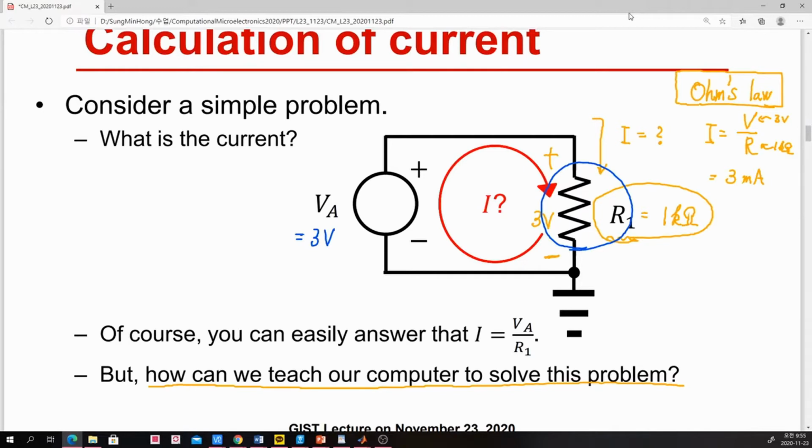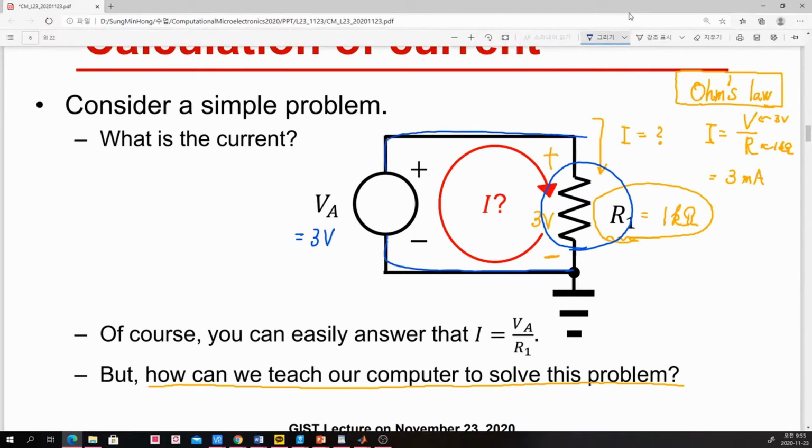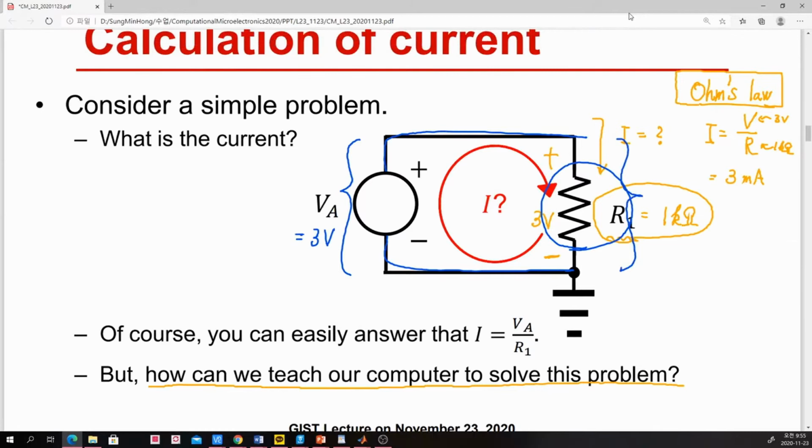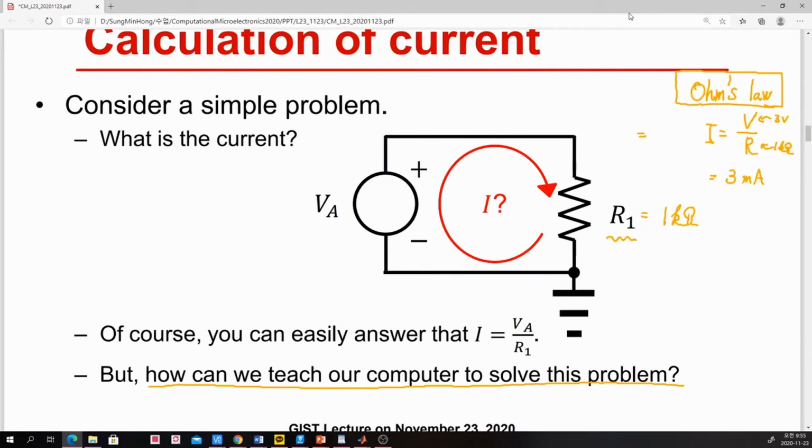We intuitively understand, oh, this one is identical and also this one is identical, so since we have a 3 volt difference here, we still have a 3 volt difference there. That is quite easy to understand, but for a computer it is not that straightforward. That's the reason why we need a general way to construct our system for analyzing the circuit.